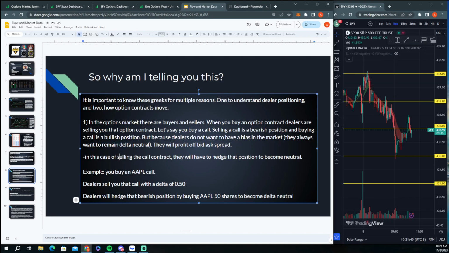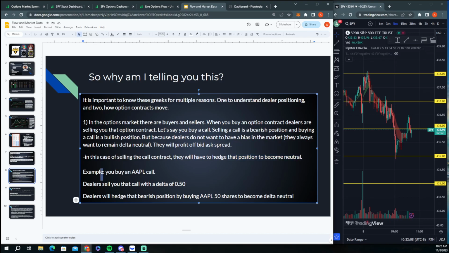So in this case, selling a call contract, they will have to hedge that position. So in our example, if there's a seller, they have to hedge that position, because selling a call is a bearish position, and buying a call is a bullish one. So in this example, they have to hedge to become neutral, because they're now bearish on selling that call.